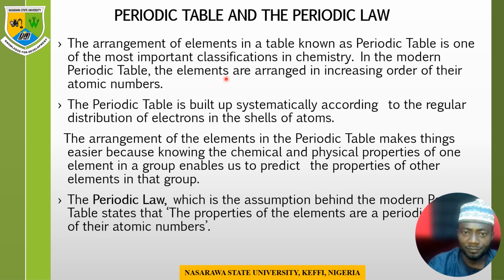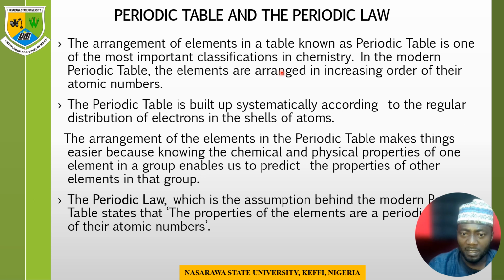Periodic table and the periodic law. One of the most important classifications in chemistry is the arrangement of elements in the periodic table. Early classification began with some scientists, namely Lothar Meyer and Antoine Lavoisier.